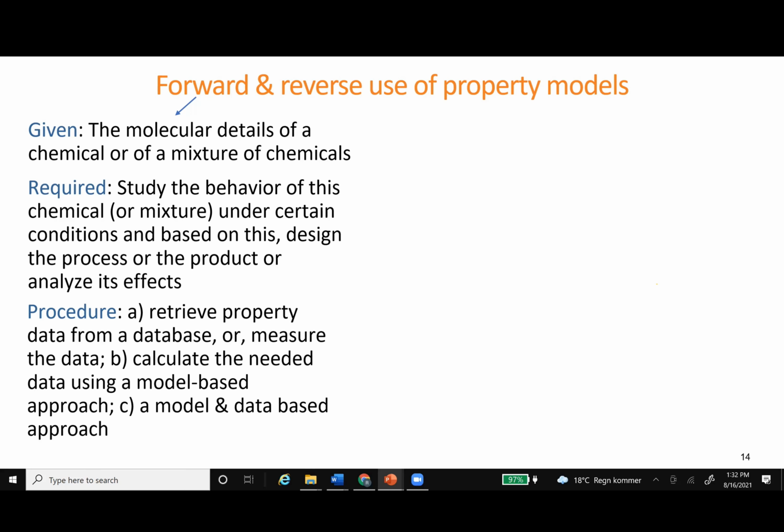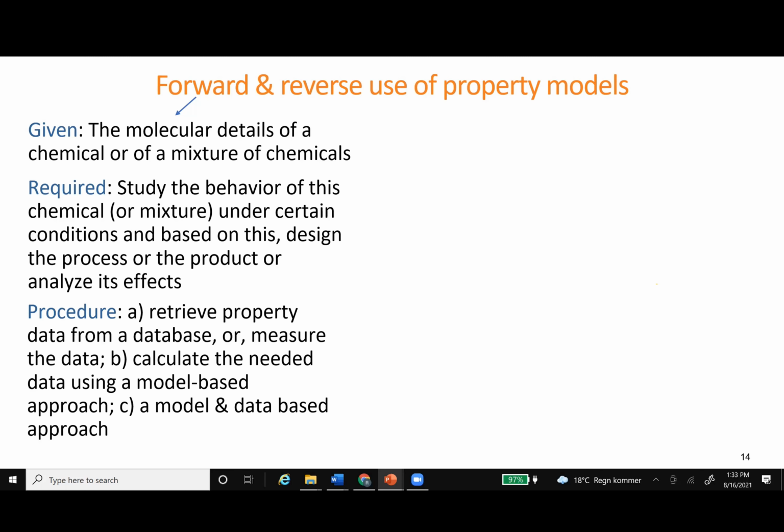What we want to do is, given this, we want to ask a property model to give us the properties we are interested in. We can do that by searching in the database for that molecule that we know its molecular structure, and we can retrieve the properties. We can measure it or we can calculate it. So there are different options. One is to retrieve, another is to calculate the needed properties, and another is to model and database approach. We mix the two together.